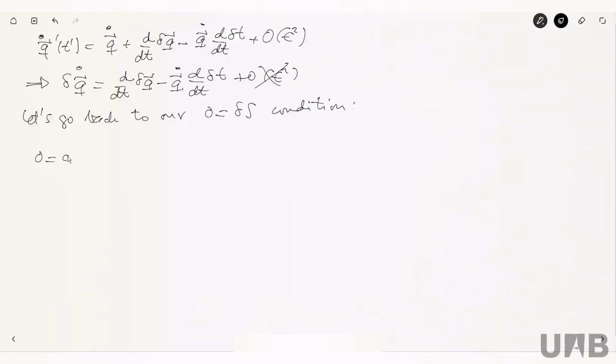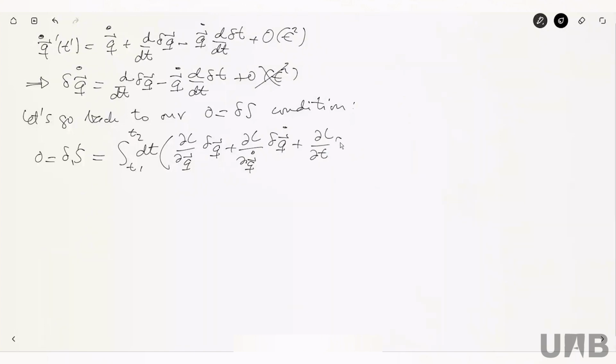So we have 0 equals delta S equals, and now we had, remember, the integral from t1 to t2 dt of derivative of L with respect to q delta q plus derivative of L with respect to q dot delta q dot plus derivative of L with respect to t delta t, right?